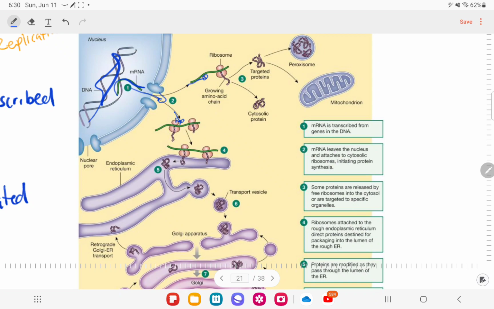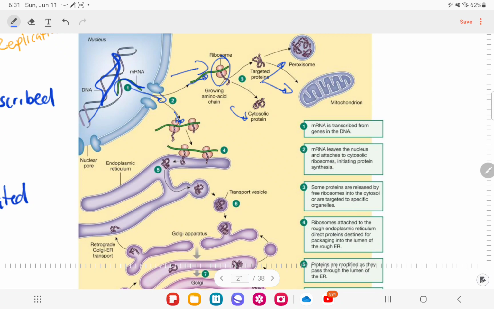And that will initiate protein synthesis, okay? And so you can see, if we're looking at this path right here, some proteins are released by free ribosomes into the cytosol, or they're going to be targeted to specific organelles. So this is going to be targeted to peroxisomes, or to a mitochondria, or it will just lie within the cytosol.